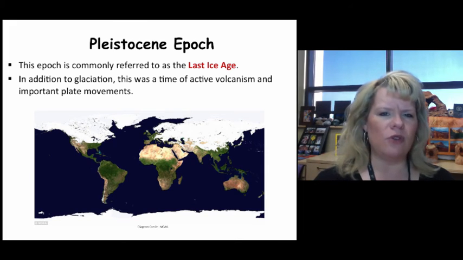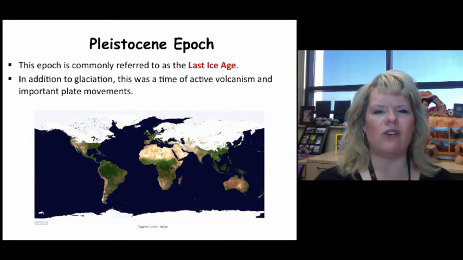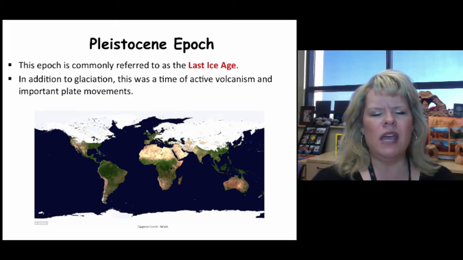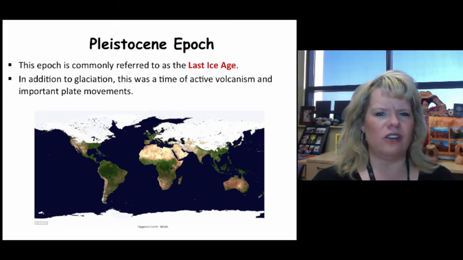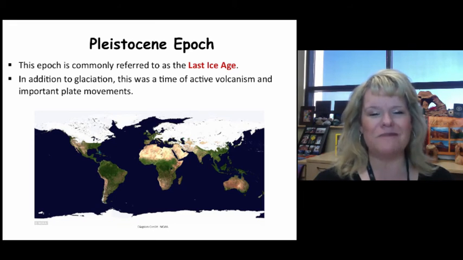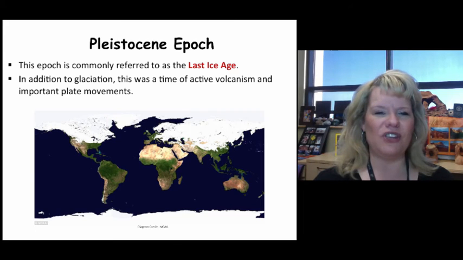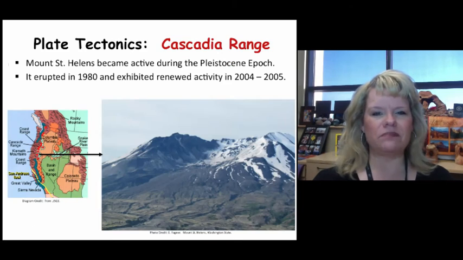If you go over to other parts of the Northern Hemisphere like Europe and Siberia, they had 20 of these cycles where it was warm and cold, warm and cold. But in addition to glaciation, we can't forget that the Pleistocene was a very important time in volcanism. And it set the stage for a number of important volcanic events that we'll look at.